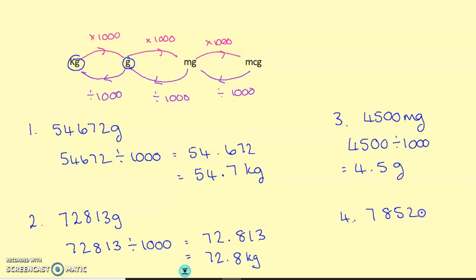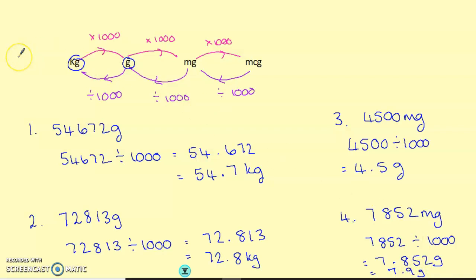I'm going to divide by 1,000. So 7,852 divided by 1,000 would be 7.852 grams. To one decimal place, that'd be 7.9 grams.